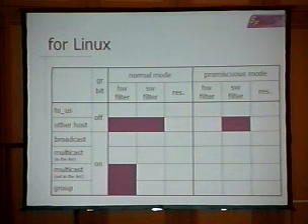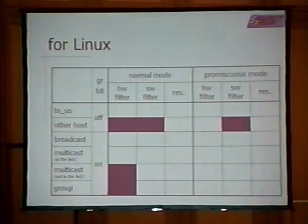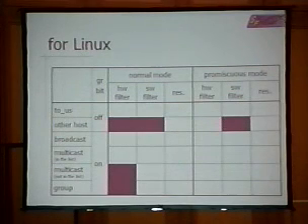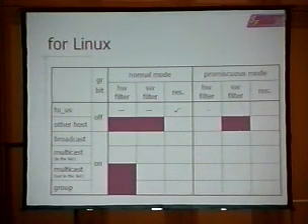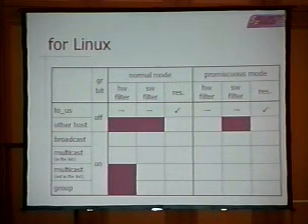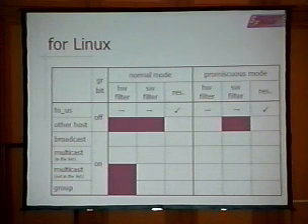The packet type, the hardware filter, the software filter, and the NIC mode are shown in this table. The to-us packet passes the hardware filter and the software filter in the normal mode and in promiscuous mode. So this packet cannot be used for promiscuous detection. The following line is the other host packet.